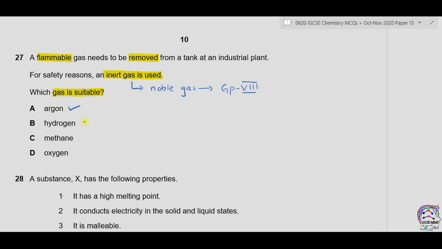B is hydrogen. Hydrogen is highly flammable, so it will burn. C is methane. Methane is also a compound which is a highly flammable gas. D is oxygen. Now oxygen is also incorrect because it helps in the combustion process. The correct option is therefore A.